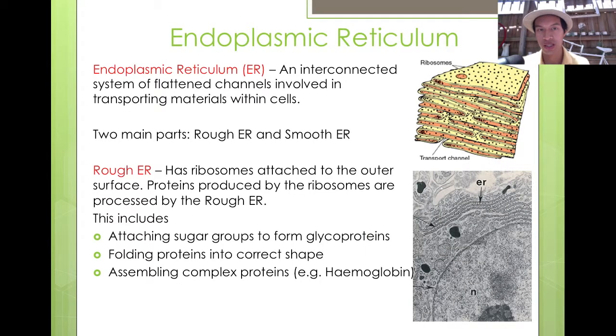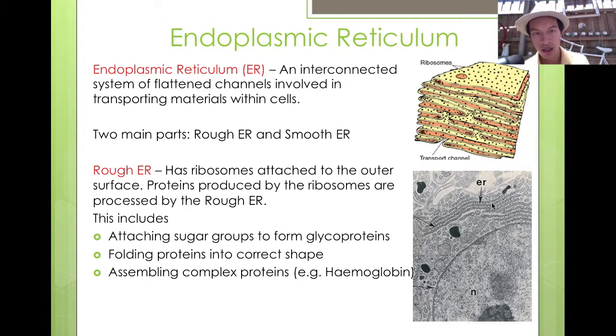So that brings us to the endoplasmic reticulum, or the ER. The ER is a folded, interconnected system of flattened channels, and they're responsible for transporting materials within the cells. Okay, there is the diagram of it, and if you looked at a cell inside a microscope image, these funny looking folds and layers are often the ER.